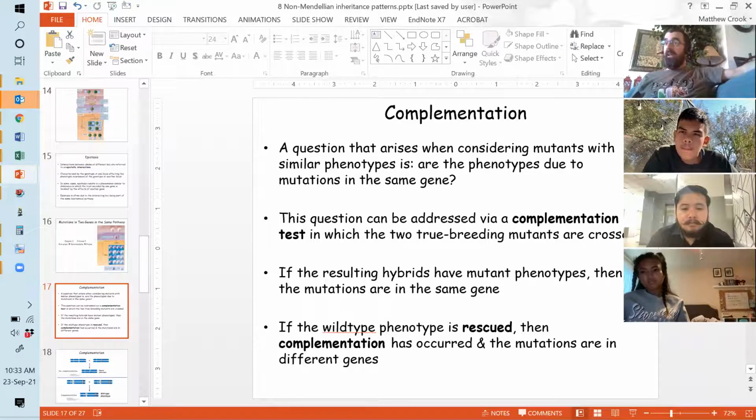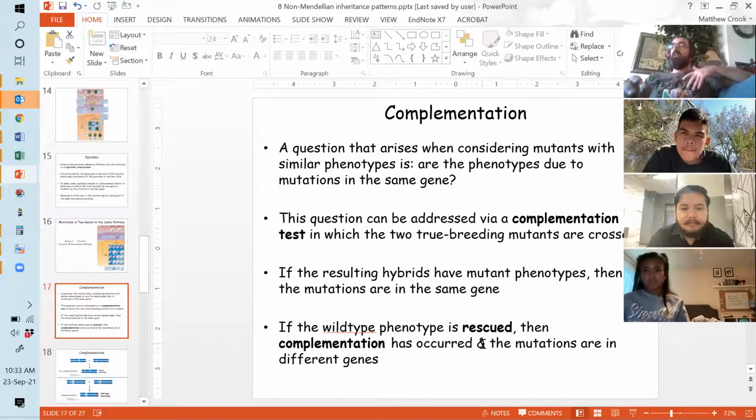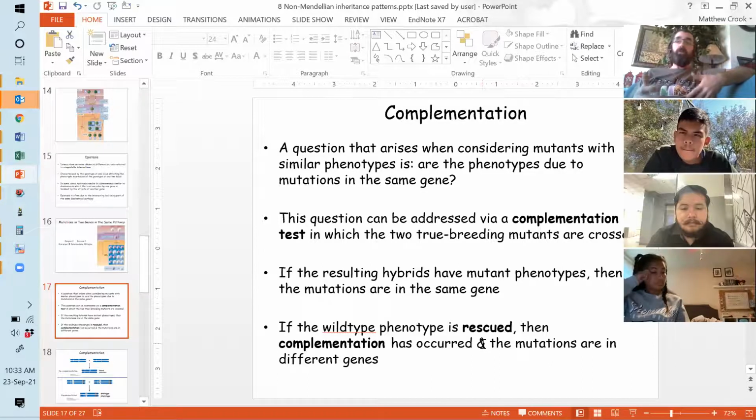But how do you figure that out, right? You could have just ended up by chance with a whole bunch of mutations in one gene and nothing in any other. So to test that, you do what's called a complementation test or assay.